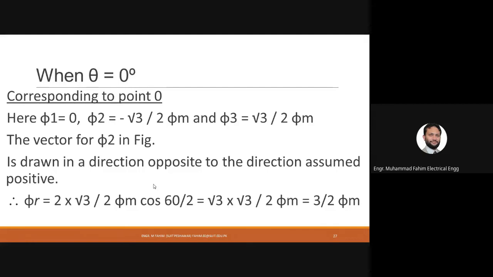The vector for phi 2 in the figure is drawn in a direction opposite to the direction assumed positive, so the resultant phi is equal to 2 into root 3 divided by 2 phi max cos of 60 divided by 2. So that is equal to 3 by 2 phi max.